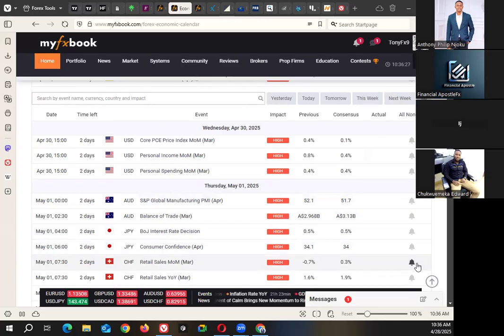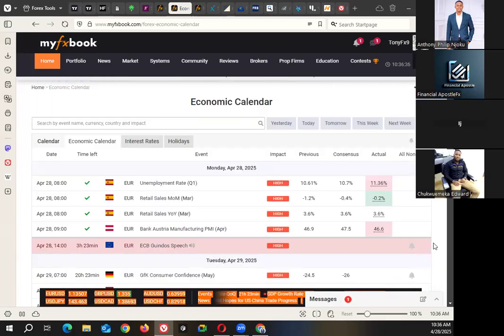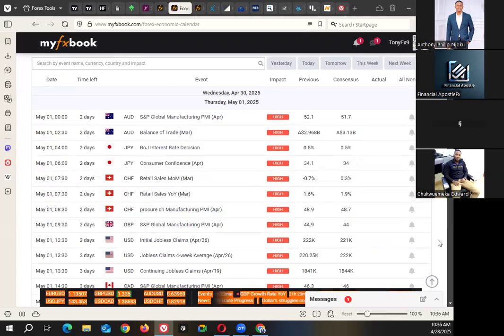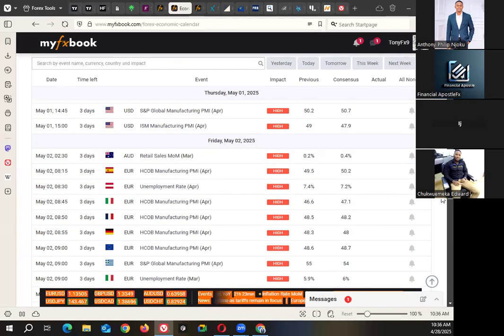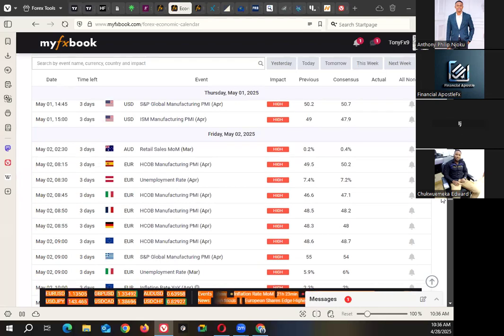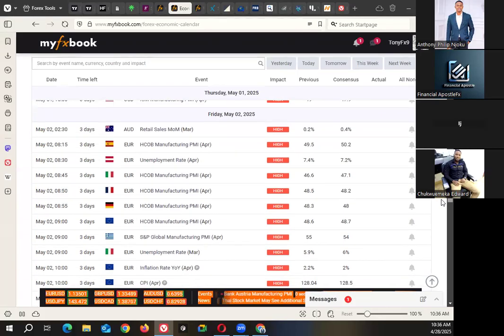So we have to watch out for that as well. Then we have balance of trade, the same with the dollar. A higher figure should be good for AUD, a lower figure should be bad for AUD.